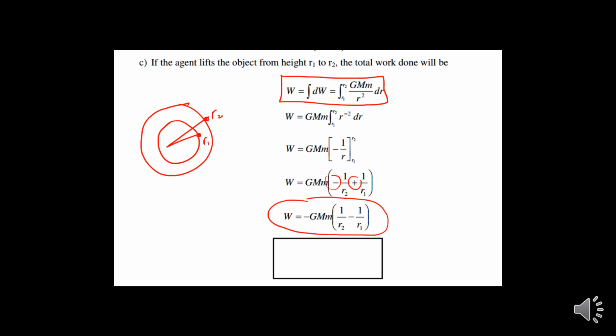You can rewrite this formula as work done is equal to negative G, point mass times test mass, times 1 over R2 minus 1 over R1. Actually R2 we can denote as R final and R1 as R initial.